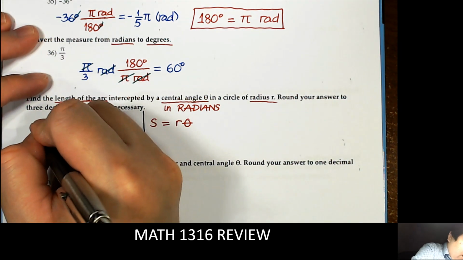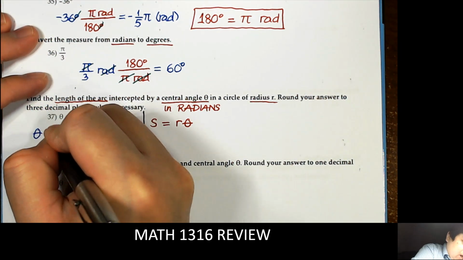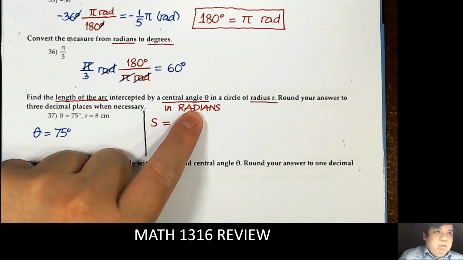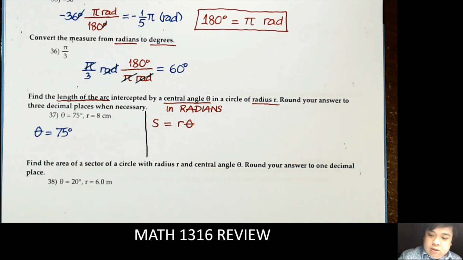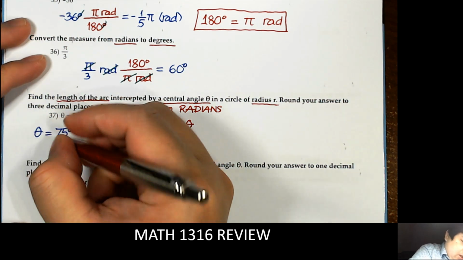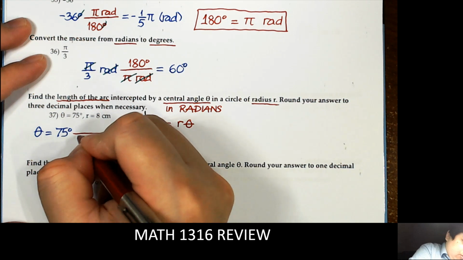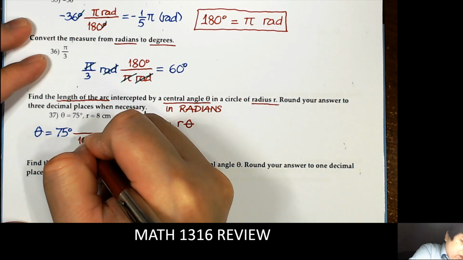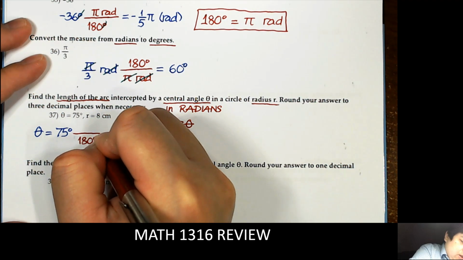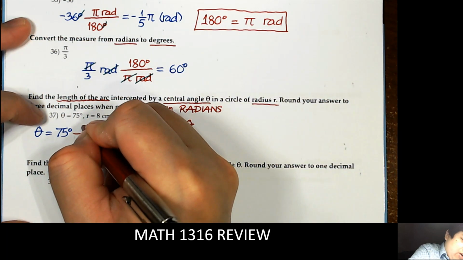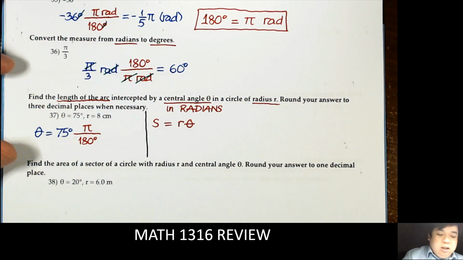So we have 75 degrees, the central angle. We need to convert to radians before we do any calculation. So the same ratio there. I don't want degrees, so put degrees at the bottom. Then there will be pi radians on the top, or just pi.